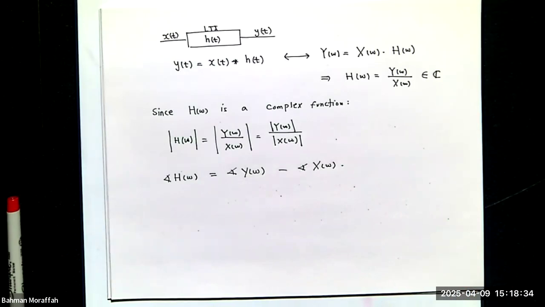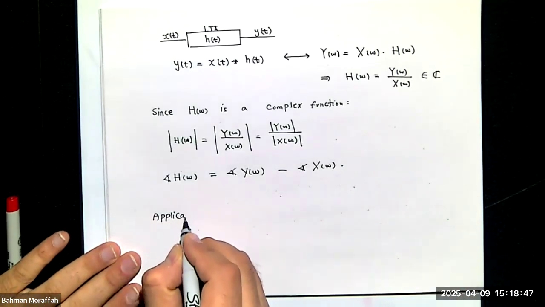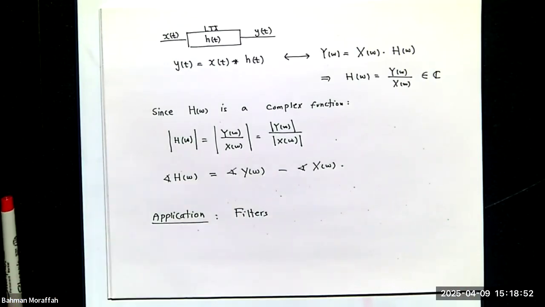Now we know this. Let's talk about its very first application, which is a filter. And filters are basically circuits. Filters are in general circuits that can keep or eliminate a range of frequency bands. We use filters daily. Can you give me an example of it? The very simple example is your ear.